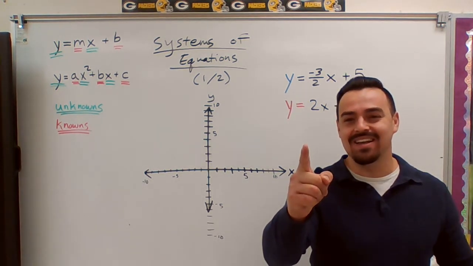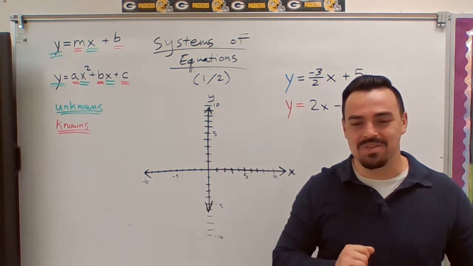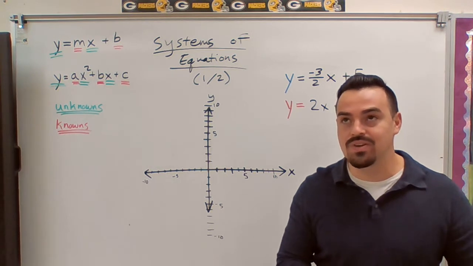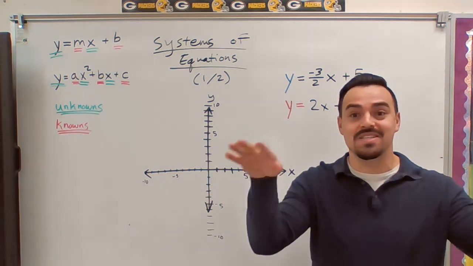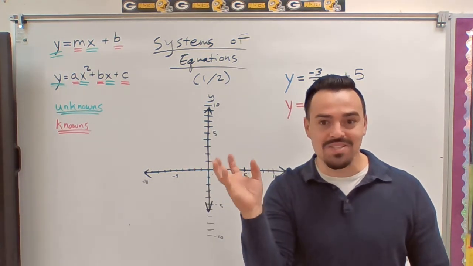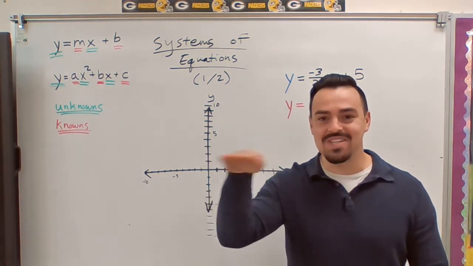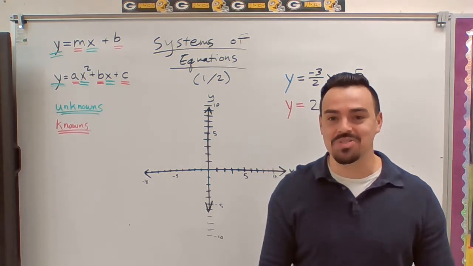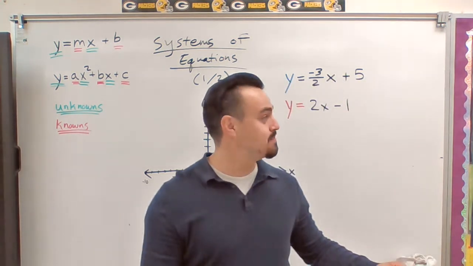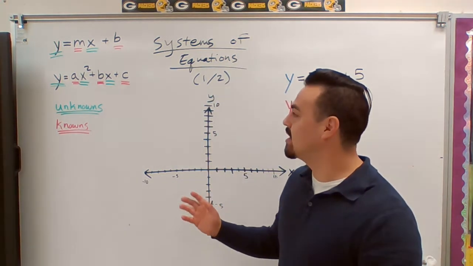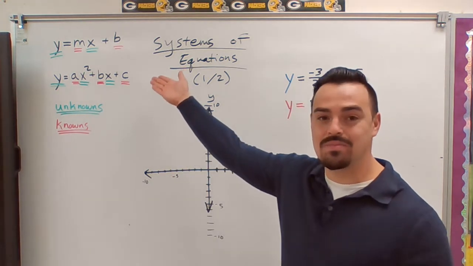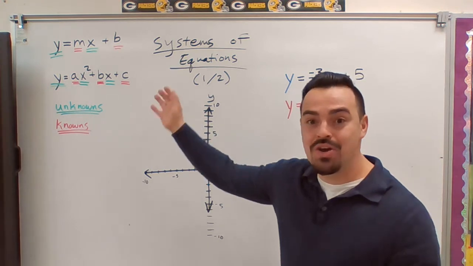Before we get started on systems of equations, a little bit about Rene Descartes, French philosopher, 17th century, that means the 1600s. Prior to him, geometry, shape-based mathematics, was the standard. After him, algebra. He came up with a lot of concepts, the most important of which, for anyone in algebra 2, is the concept of knowns and unknowns.